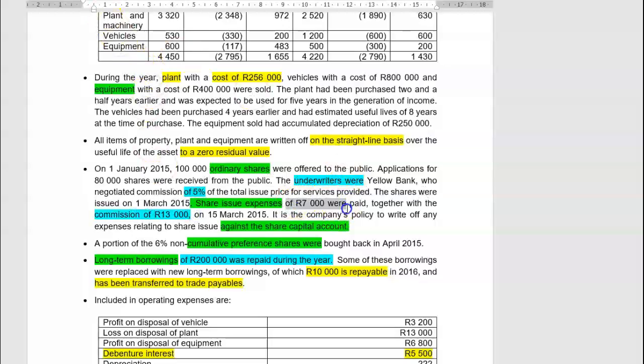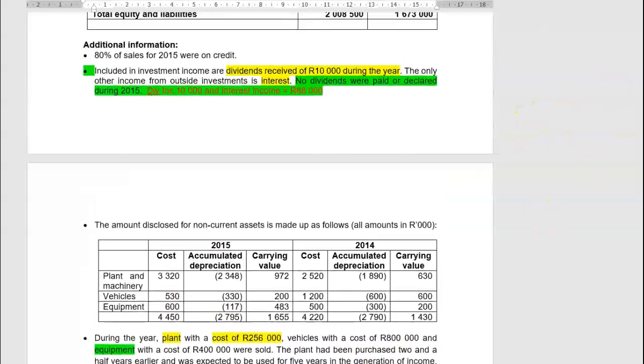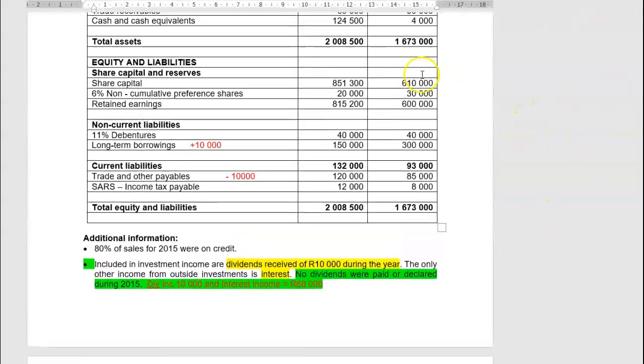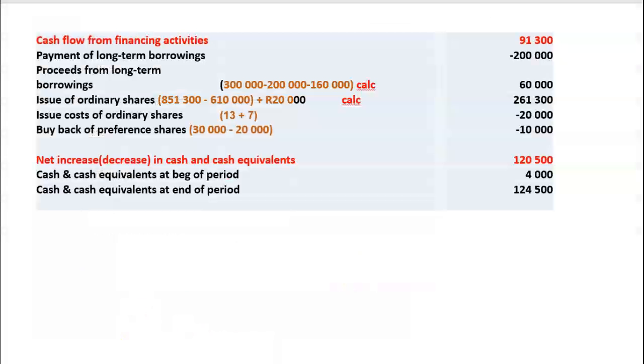So what is our total share issue cost? 20,000 on 15 March. The company's policy is to write off any expenses relating to the share issue against the stated capital account. So that means that against that account, this amount of share issue costs have been written off. So the movement was 851,300 as opposed to the previous year's 610,000, but the total share issue cost was 20,000 rand, the 13 plus the 7.